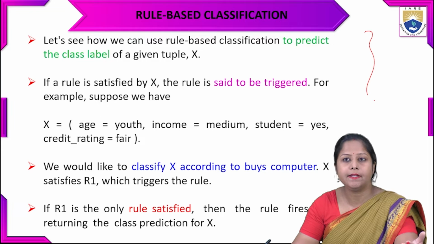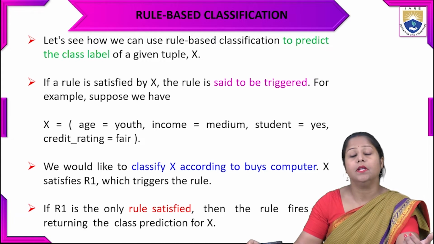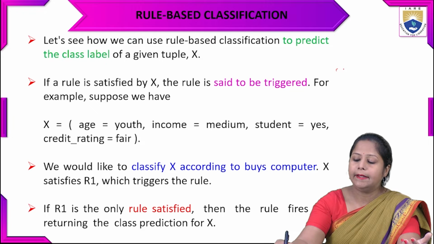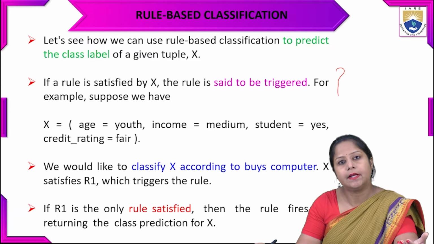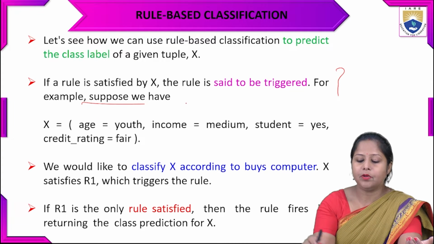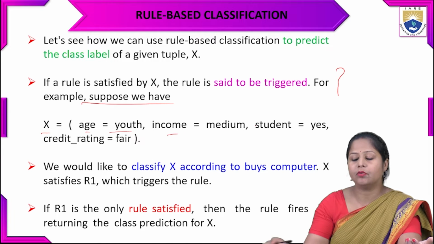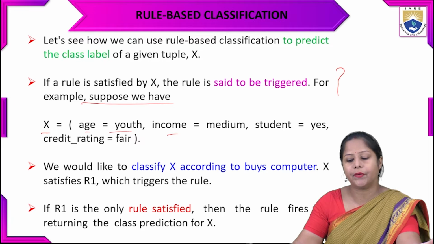Now let's see how we can use rule-based classification to predict the class label of a given tuple X. Suppose the given tuple is X, and if a rule is satisfied by X, as in the earlier example, the rule is said to be triggered. So for example, suppose X is: age is equal to youth, income is equal to medium, student is equal to yes, and credit rating is equal to fair.